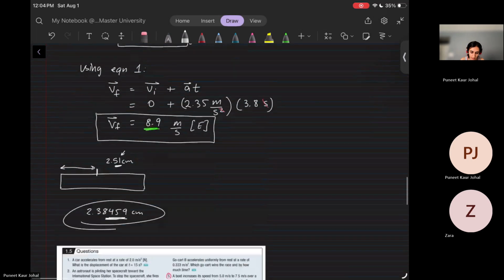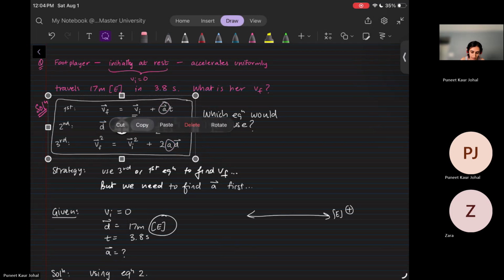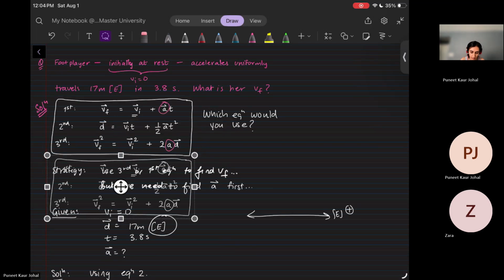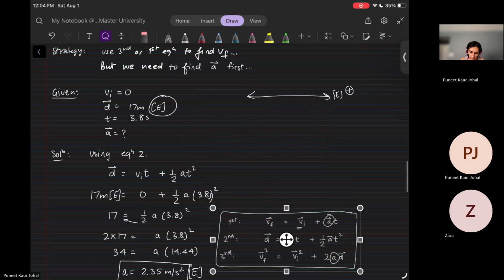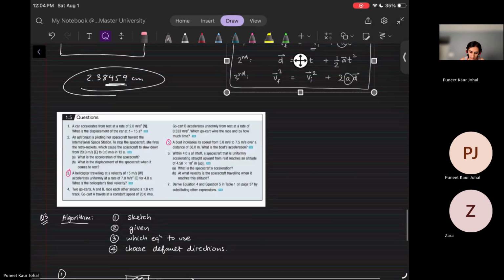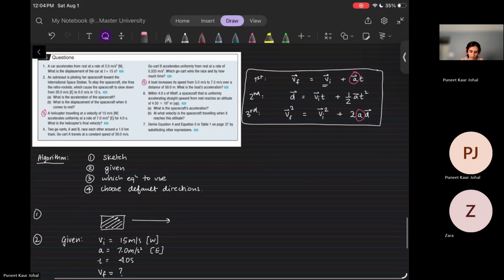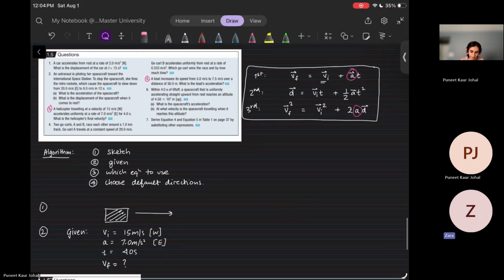So based on that, again, I'm going to copy and paste these equations. Okay, there we go. Which of these equations would be best suitable for us to do this question?